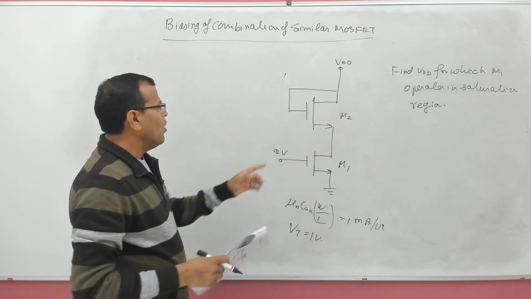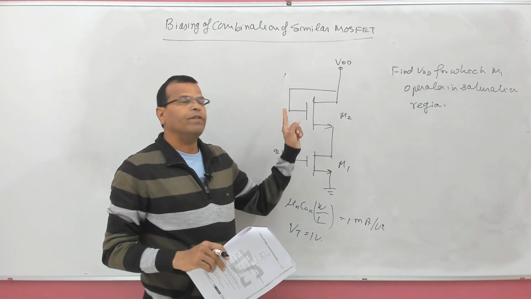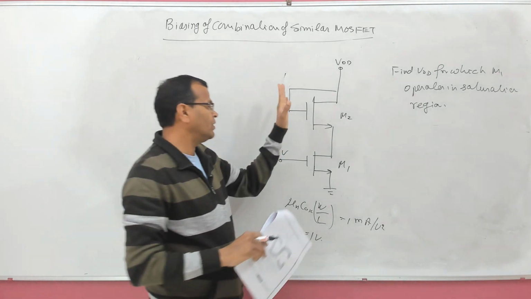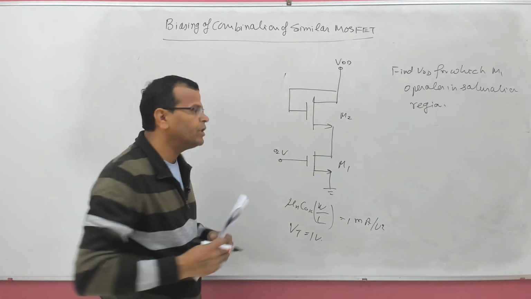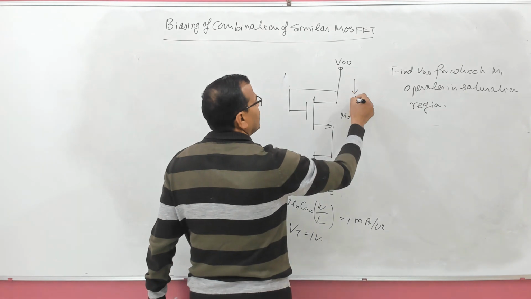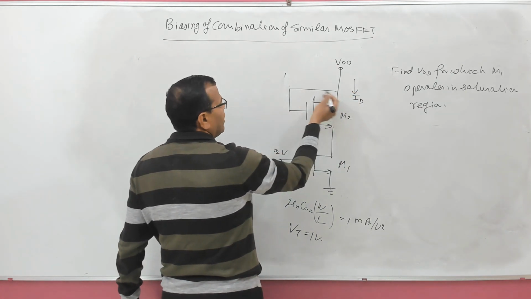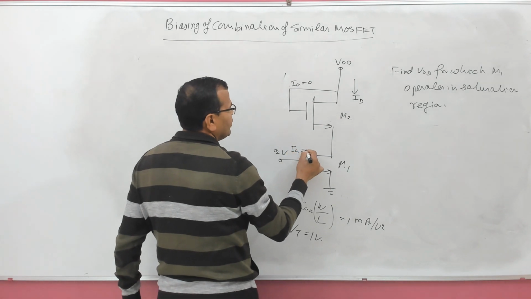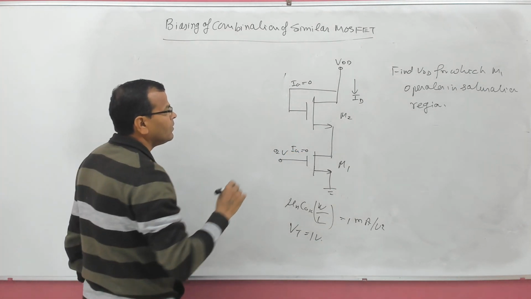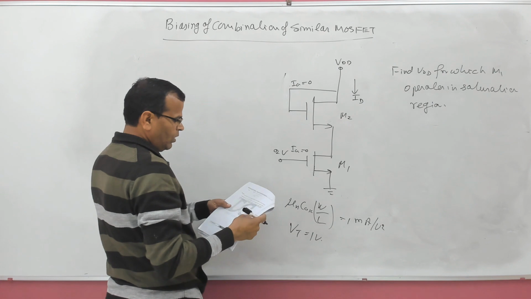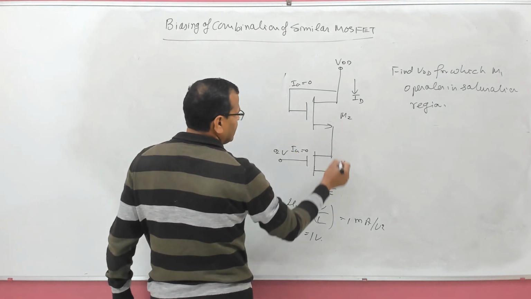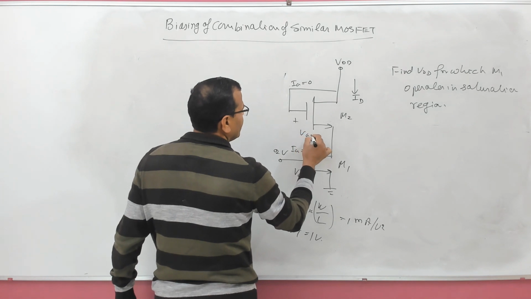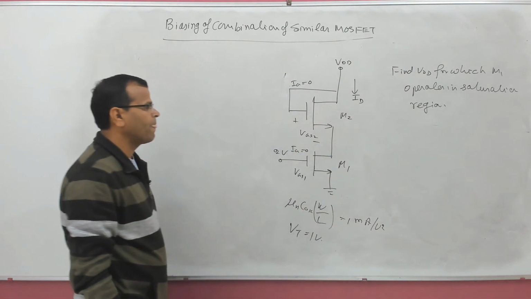Fine. Whenever drain is shorted with the gate terminal, remember the MOSFET operates in saturation region. So this is for sure, M2 is operating in saturation region. The drain current is ID. Remember, in case of MOSFET, gate current is always 0. Fine. So now what is voltage? Say this is voltage VGS1, this is voltage VGS2, right?